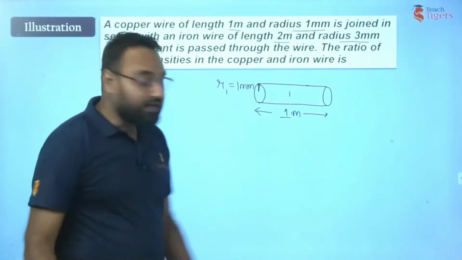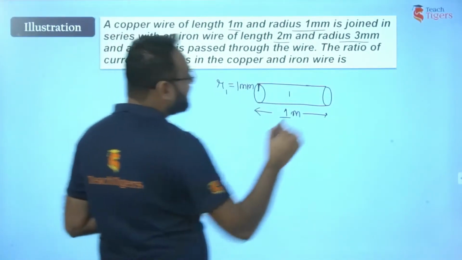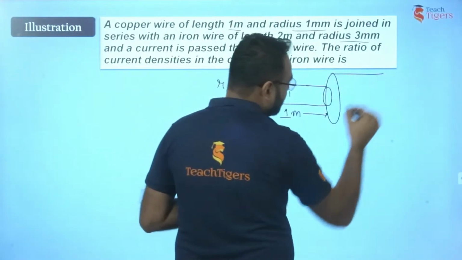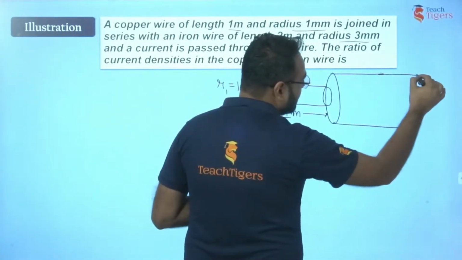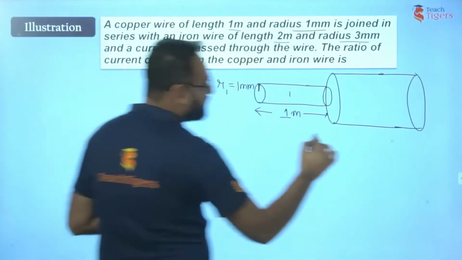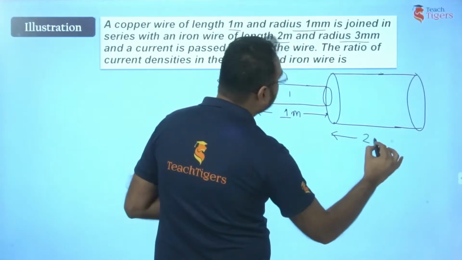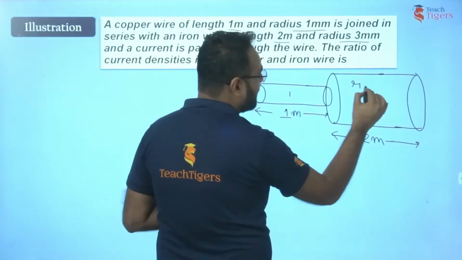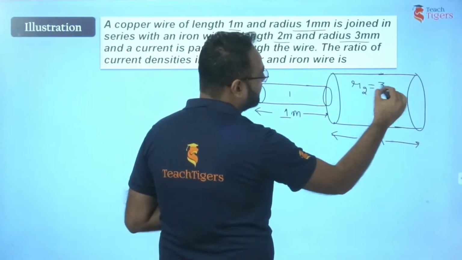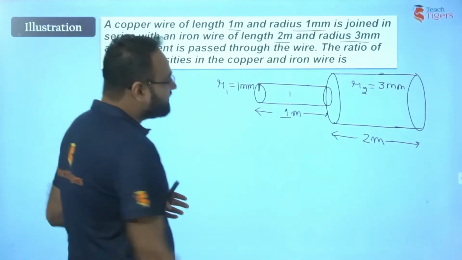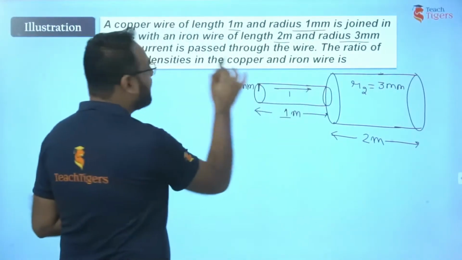Now, after that, it is joined in series with a wire like this, and this is an iron wire. We are given that the length of this iron wire is 2 meter, and the radius of this wire, let it be R2, is 3 mm. Now, they are saying that a current is passed through the wire.